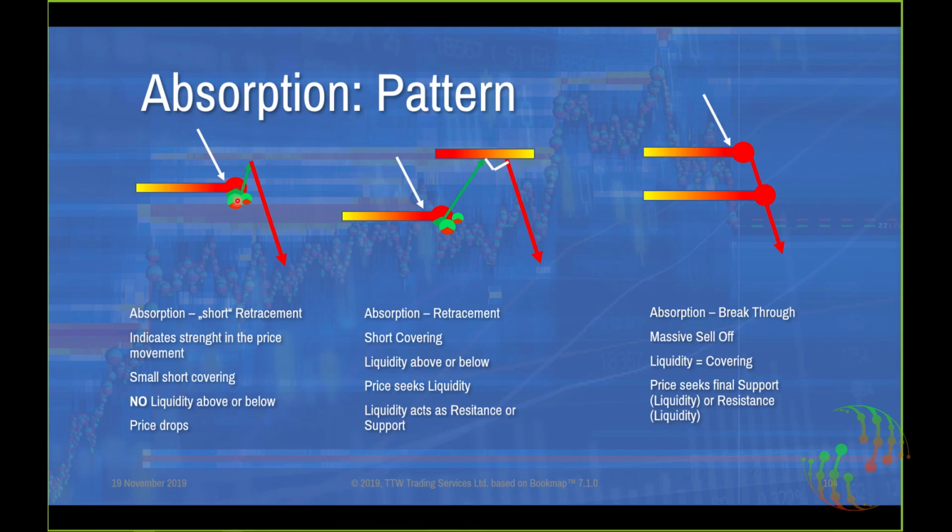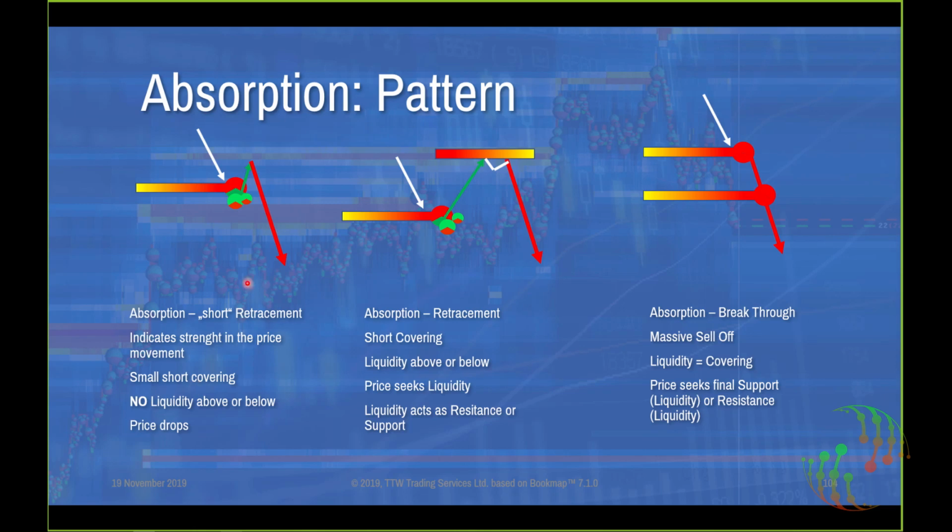The market trades a little bit lower, makes an attempt for a reversal, and new sellers are coming in, because once this energy is absorbed and new sellers are coming in, it's easy to go through this level here. This is a very short retracement, which indicates strength in the price movement.